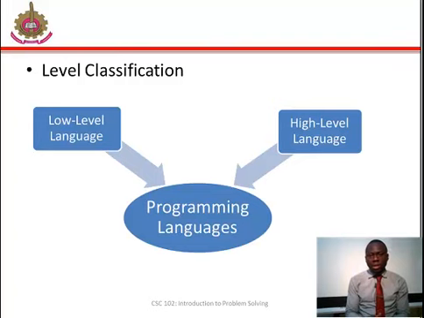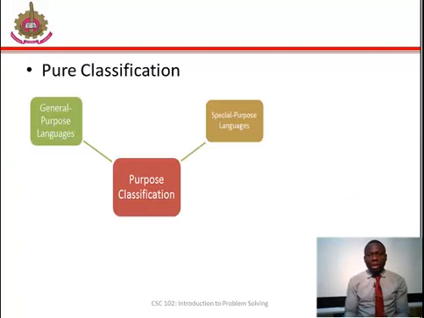Level classification. With the birth of machine language, two broad categories of languages emerged: the low-level language and the high-level language. That's on level classification. Now, under purpose classification, you have general purpose languages and special purpose languages.